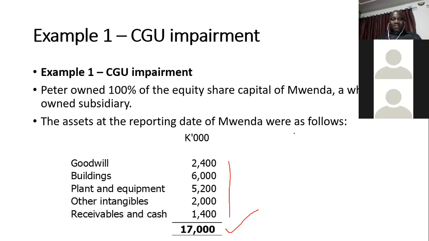So, meaning that we had 17, which one would actually say this was the carrying amount. So we have the 9.8.